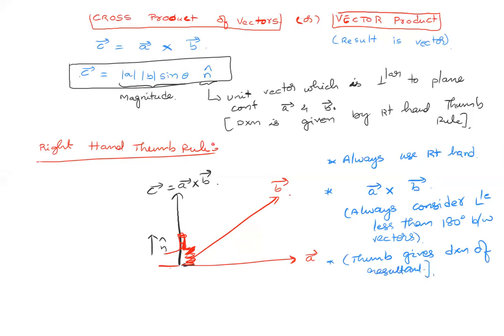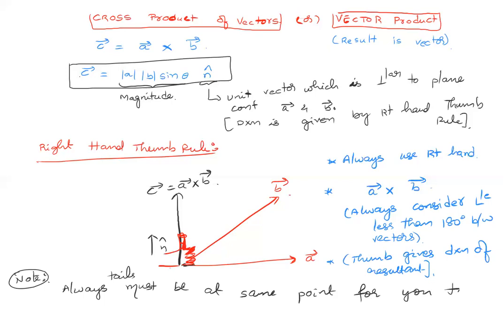I want you to understand that the tails must always be at the same point for you to use the right hand thumb rule. If not, use parallel transport.